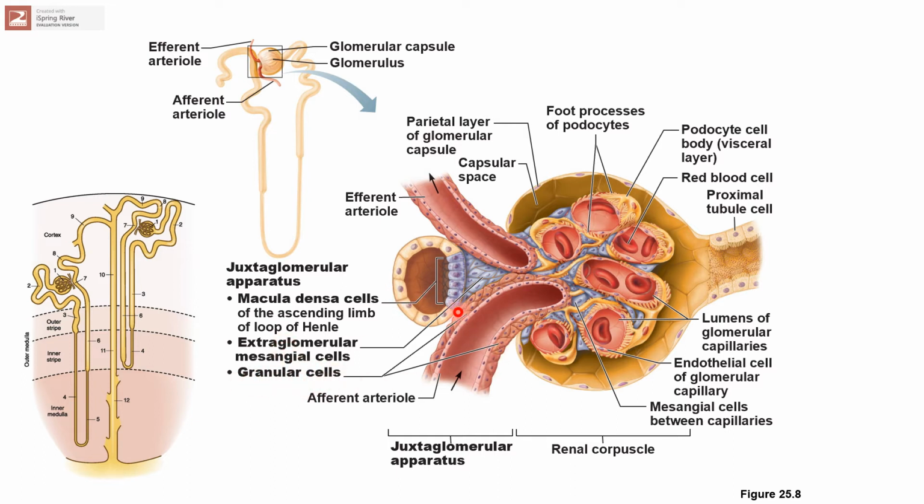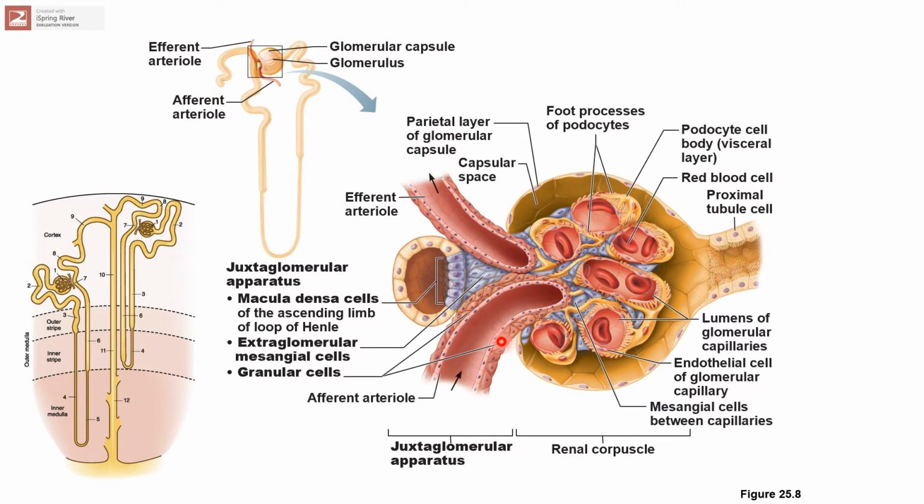The granular cells are present right over here in the efferent arteriole. These cells contain large granules that secrete renin enzymes. If you remember the renin-angiotensin-aldosterone mechanism, which is very, very important in regulating blood pressure, we looked at it in the respiratory system, and before that we looked at it in the cardiovascular system as well.